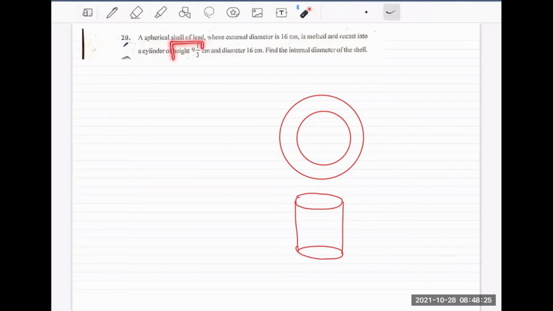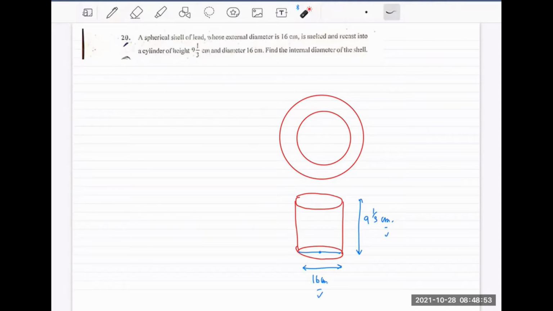The cylinder has a height of 9 1/3 centimeters. So this portion is 9 1/3 centimeters. And the diameter is given as 16. So let's draw it below: the diameter is 16 centimeters.